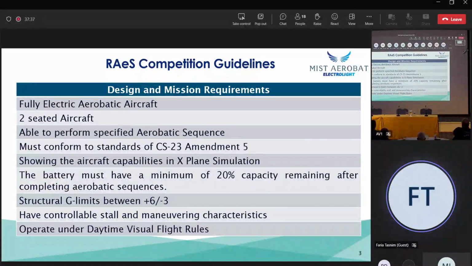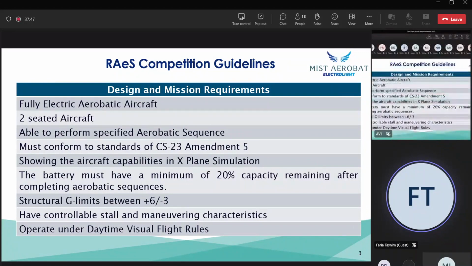These are the given design and mission requirements as circulated. For this competition, we have been assigned to design a fully electric two-seated aerobatic aircraft. Two major requirements were having a minimum of 20% battery capacity remaining after the completion of aerobatic maneuvers and the structural G-limit of +6/-3.